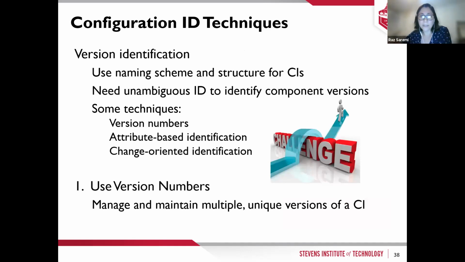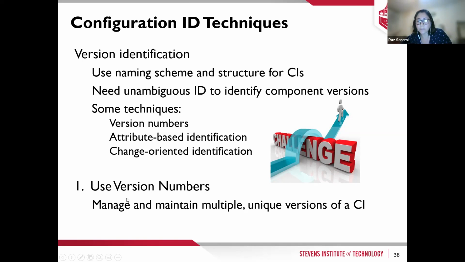One, we can do version identification, where we use the name of a schema and a structure of the configuration item. For that, we're doing an unambiguous ID that we can expand to different configuration items. So we can use version numbers, attribute-based, and change-oriented identification.